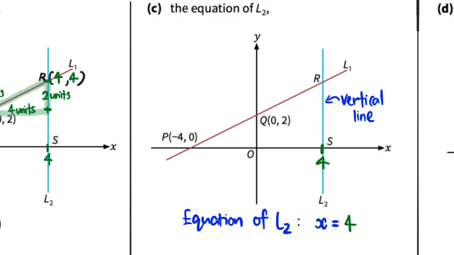For vertical lines, the x coordinate, we start with x equals to the number, and in this case here it is 4 because all the x coordinates on this vertical line are 4, and that comes with the name of this equation of line 2. Done.